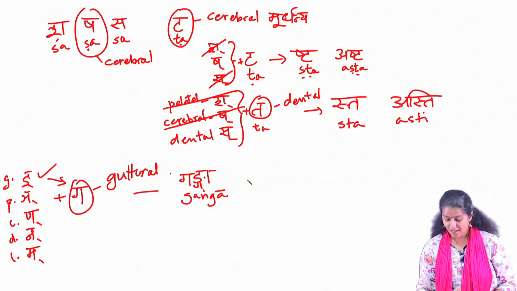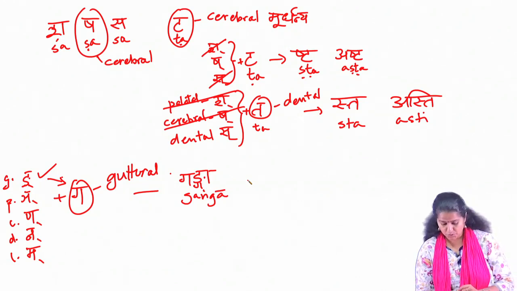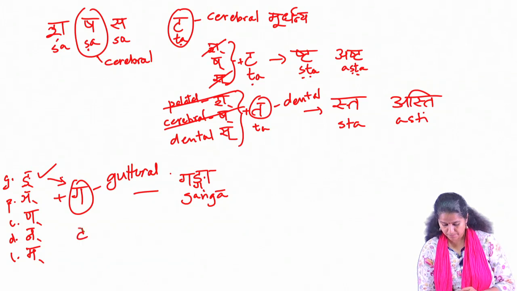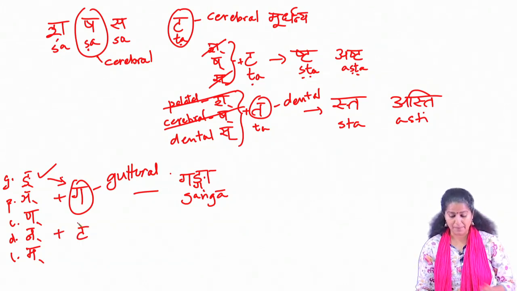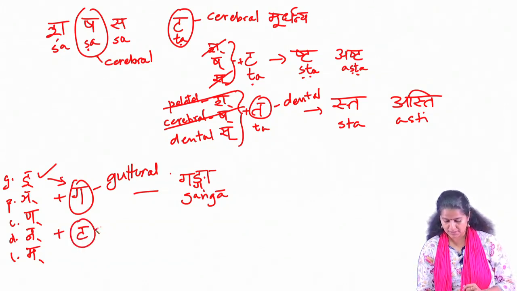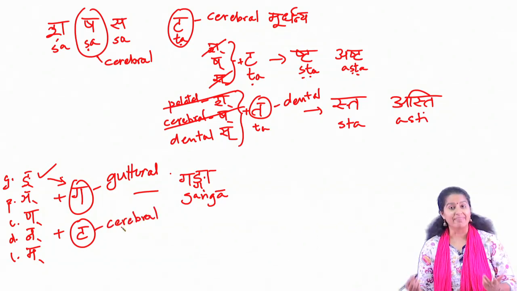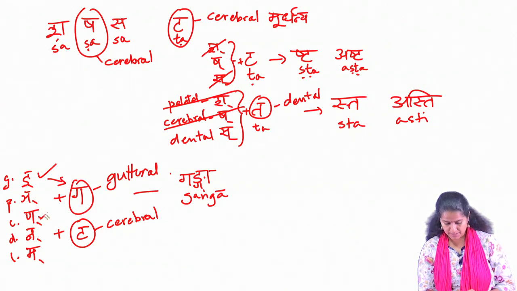See? Now, supposing I have the other one that I used earlier, the t. I want to combine it with the t. Now, which one is the t? The t is the cerebral, and therefore, it is this one.